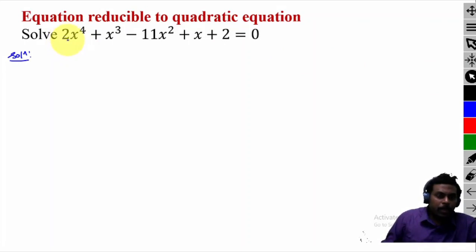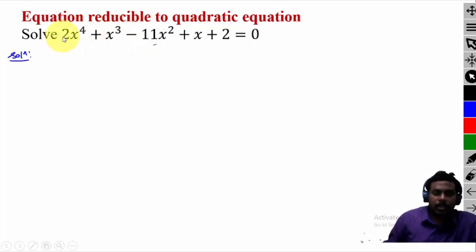Only equations of fourth order can be solved here. Of course, the degree of this equation is actually 4. But we have studied in this chapter how to solve degree 2 equations. But we are solving degree 4 equations with the help of quadratic equations.